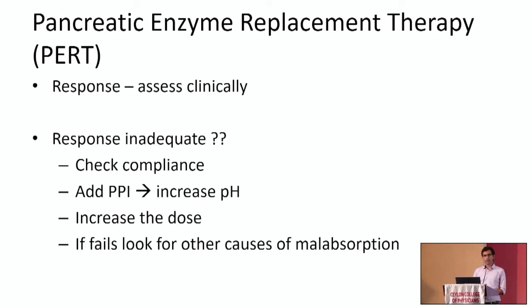This gastric acid suppression has been shown to increase enzyme availability. You can double the dose if there's no response, and if still there's no clinical response, then you have to think of other causes of fat malabsorption, like small bowel bacterial overgrowth, which can be there in this kind of patient.